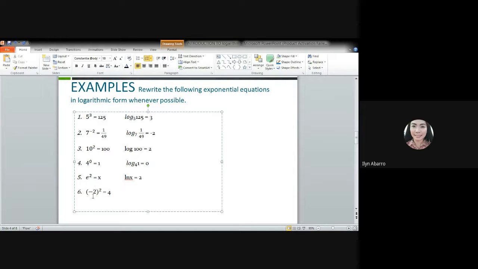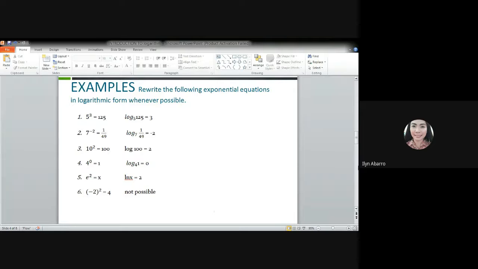Kapag 1 ito, hindi natin siya puwedeng isulat as logarithm. So, not possible. Okay? So, that is how to rewrite the exponential form into logarithmic form.